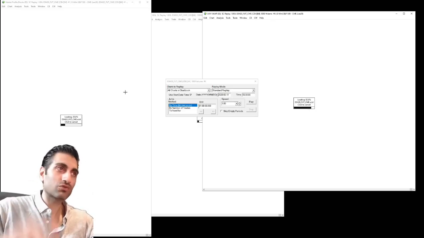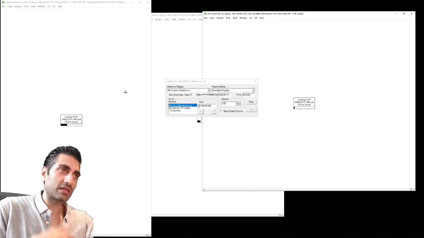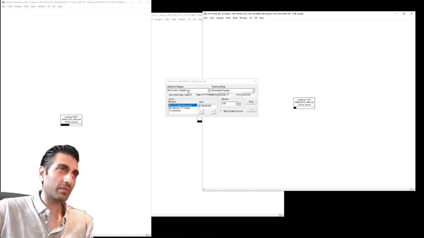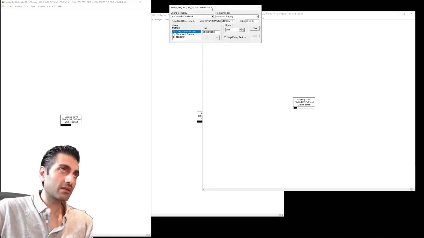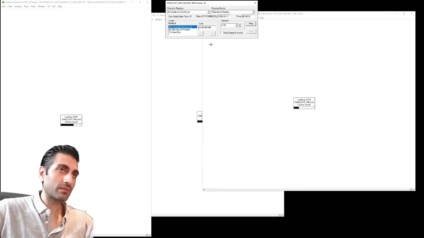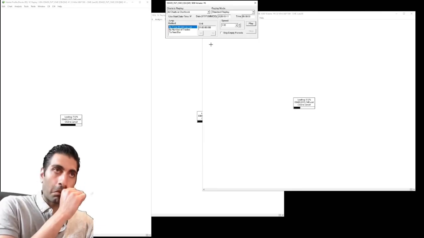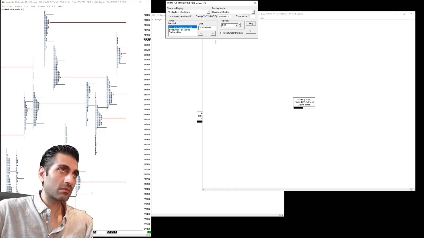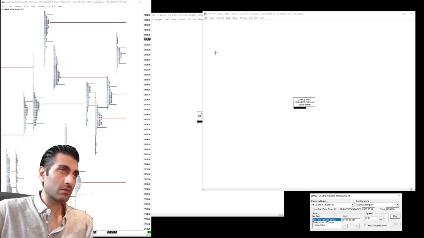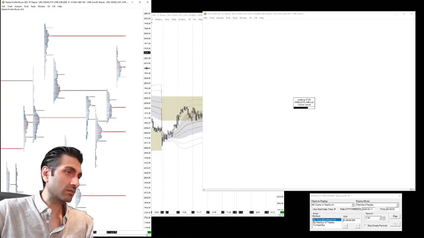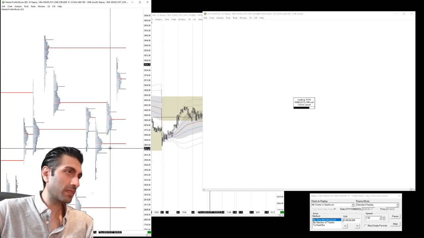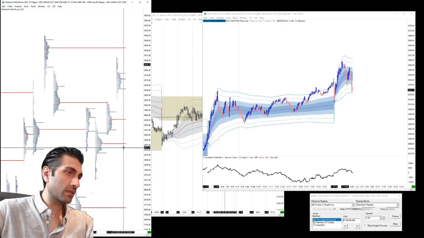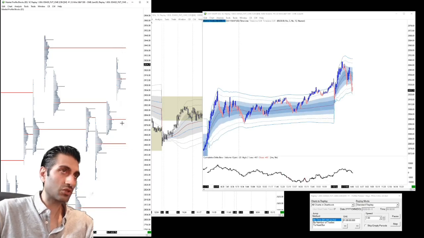I'll just rush through them as I've been doing previously, and we can just talk through them. Okay, so there's the composite. We've just opened overnight.